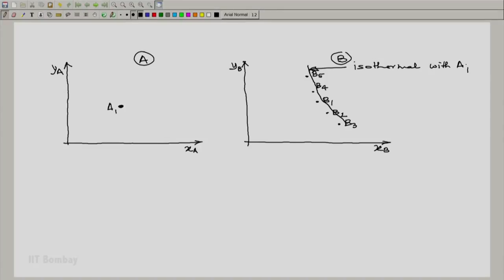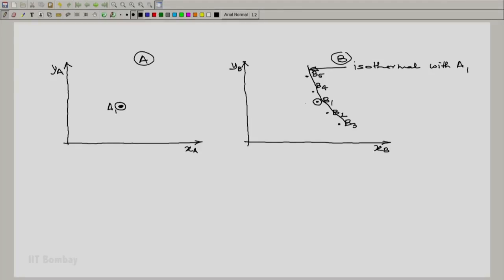Let us now do the experiment the other way. Let us say that instead of fixing state A1 of system A, let us fix the state of B to B1. Now B1 and A1 are isothermal.